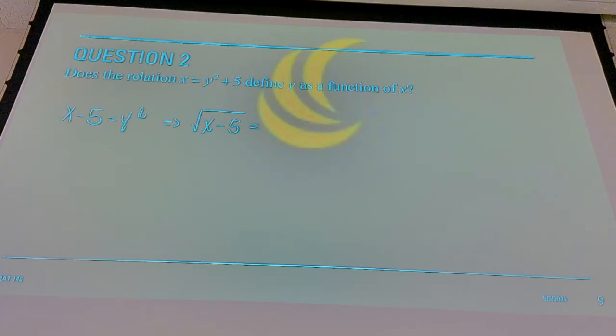What is the square root of y squared? Y. It's a very common misconception. It's not y. It's the absolute value of y.